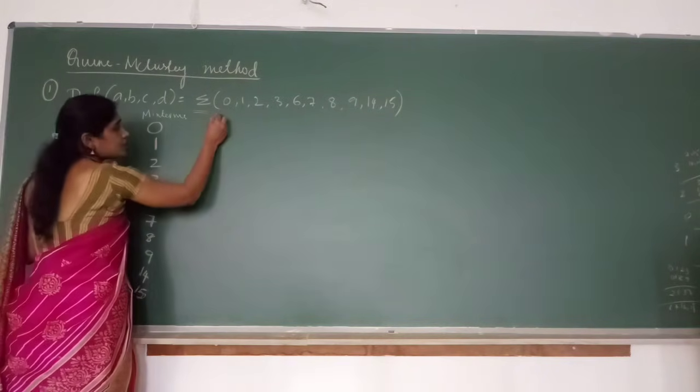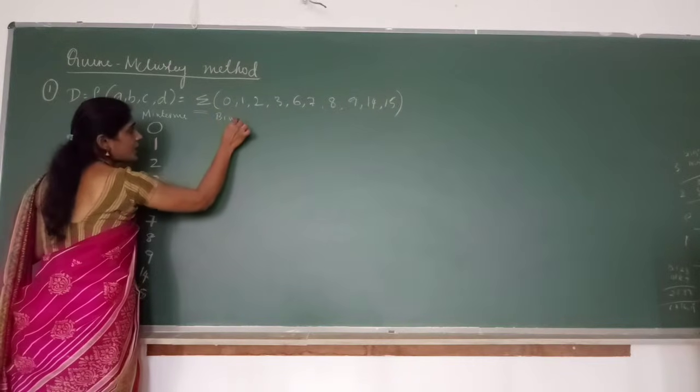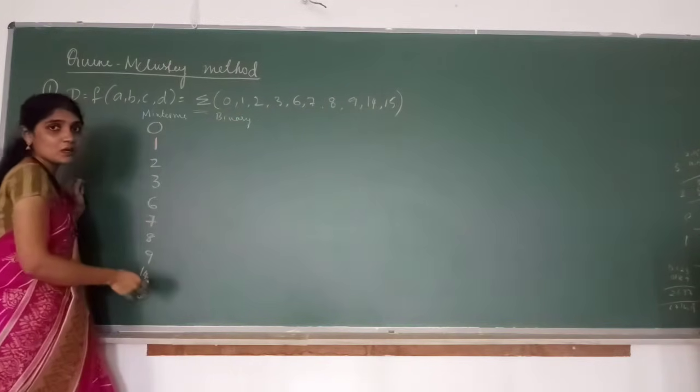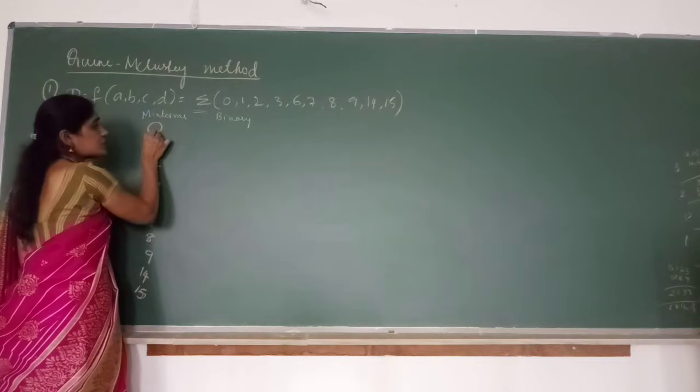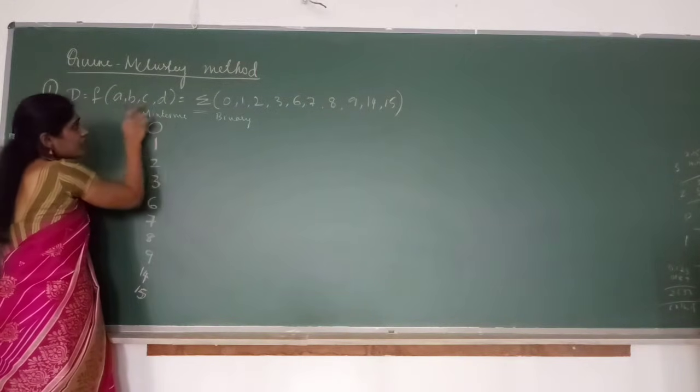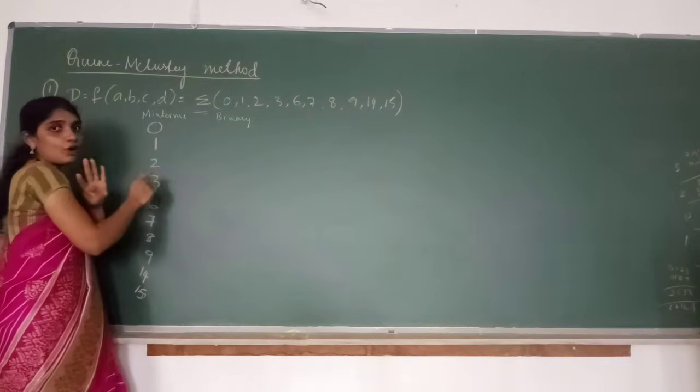In the second column, write the binary equivalent value. How many variables do we have in the question? 4 variables.